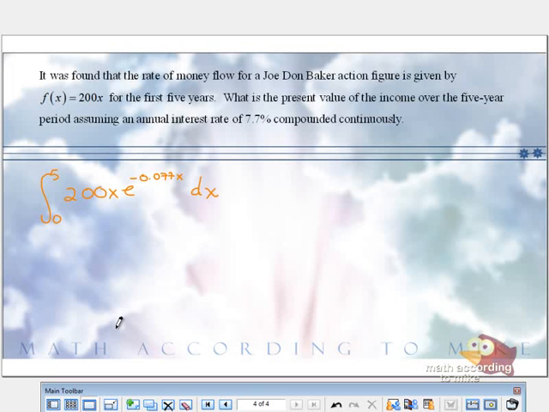We could bring out the 200. We don't have to. Because what's the main thing we're going to have to use here? Well, a substitution won't work because if this were x squared here, then a substitution would work. But it's not, it's an x.